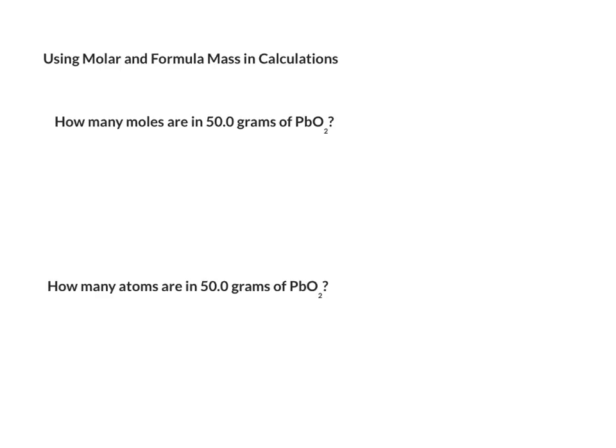However, it's important to point out that ionic compounds exist as formula masses. And again, as a reminder, a formula mass for an ionic compound is an empirical formula. It's just a reminder.